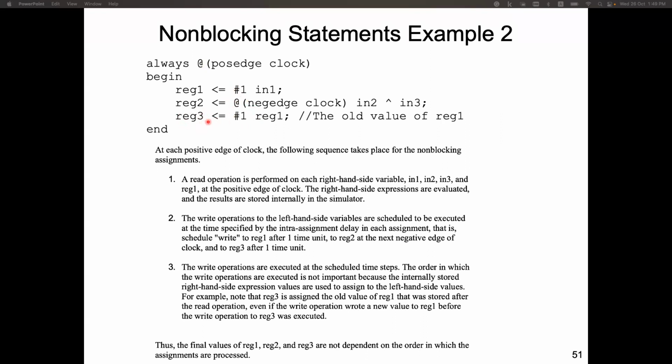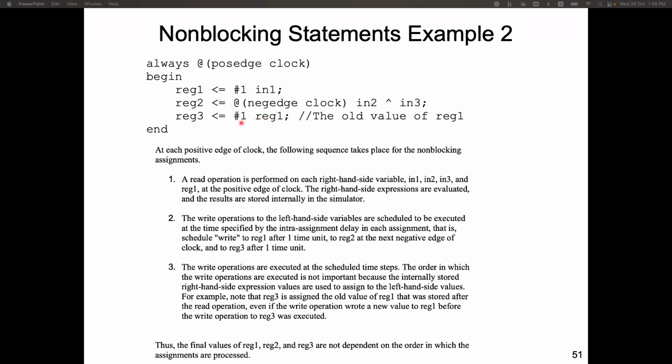Register 3 data will be written in register 3 after 1 unit of time, and this data written in register 3 is from register 1. This register 1 is the old value of register 1. At the rising edge of the clock, register 1's value, the value at that instant before change, is stored in a temporary variable.